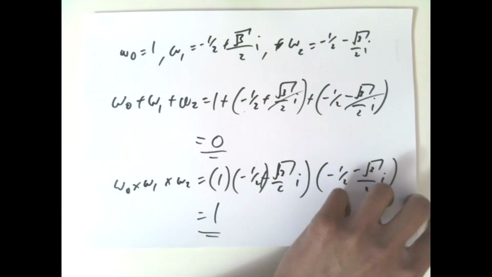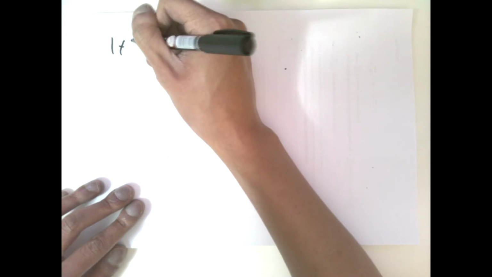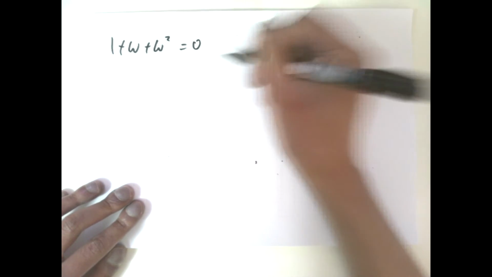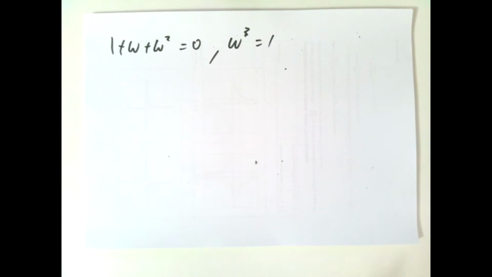so what we can see from this is that the sum of the cube roots of unity, 1 plus omega plus omega squared, is 0.